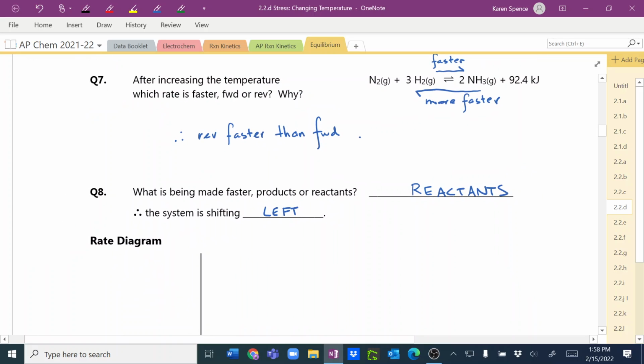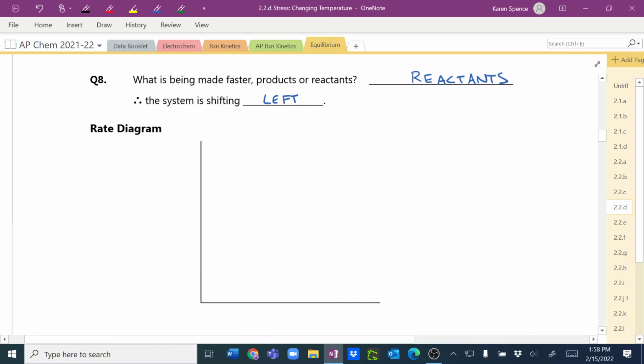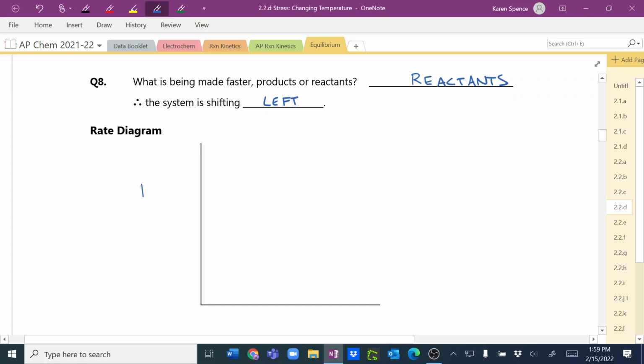So let's do a rate diagram for that. Rate goes on the Y, time goes on the X. We need to have a forward, and we need to have a reverse. What do they start out like? They start out equal, yes.